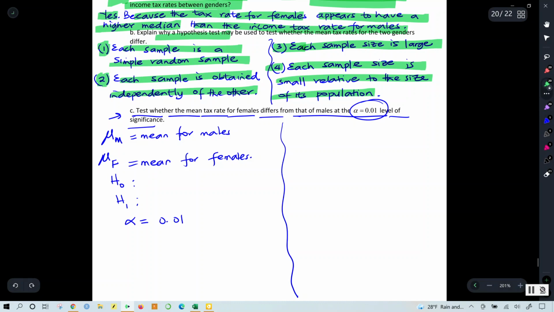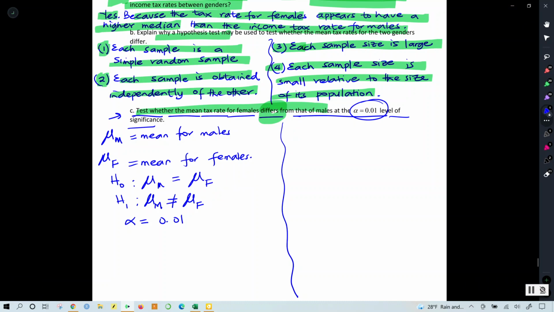What do we want to test? That the mean is different. Well, that means we should go to the alternative: test that the mean for males is different from the mean for females, versus the null that the mean for males is the same as the mean for females. This is step 1.